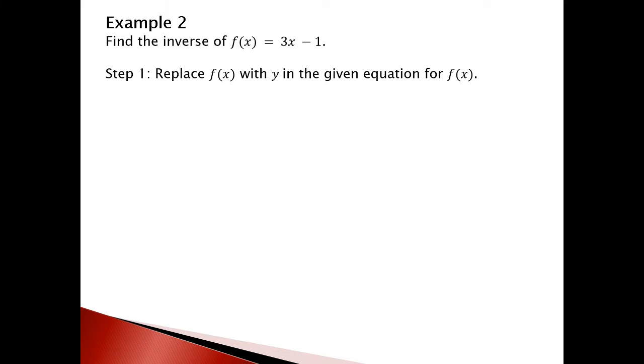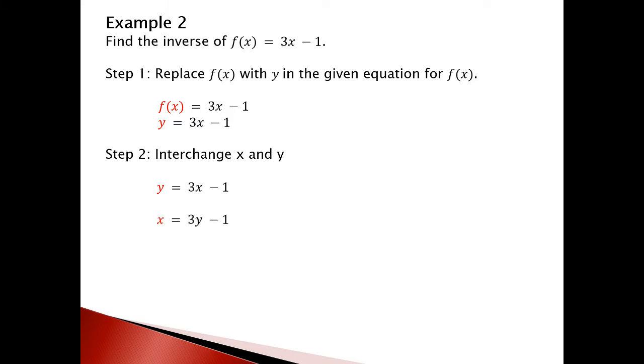So our equation is f of x equals 3x minus 1, and we replace f of x with y. Let's move to step 2, that is, interchange x and y. Originally, y equals 3x minus 1. Now we need to interchange x and y.